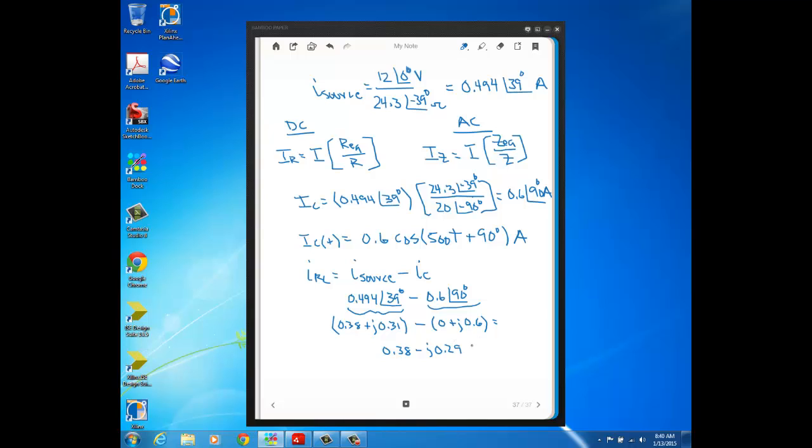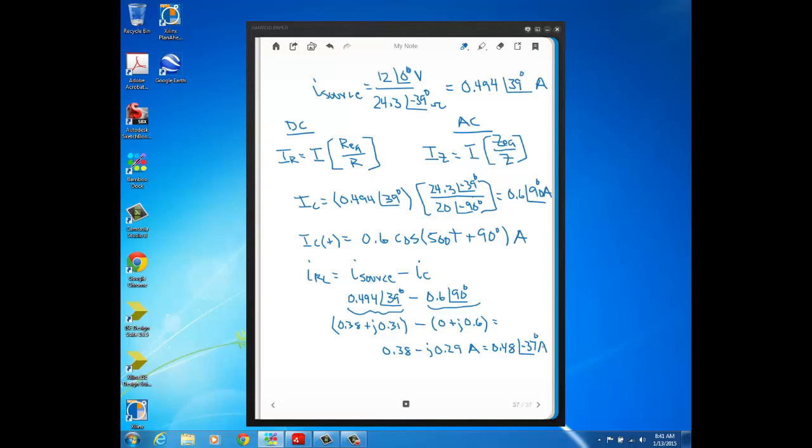So you see that would be the answer for IRL in rectangular form, and then you could put this in polar form. In polar form, this is just equal to 0.48 at minus 37 degrees.